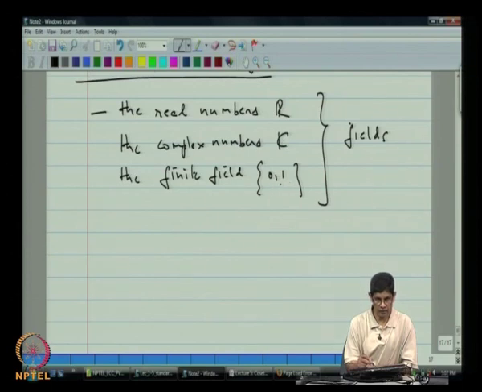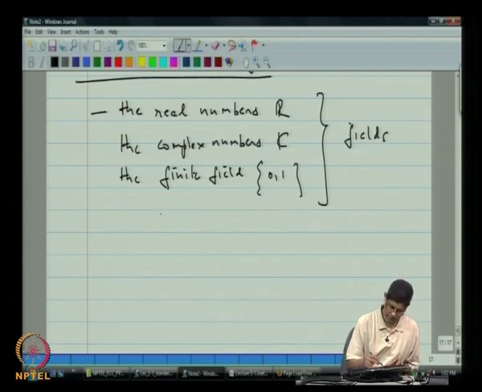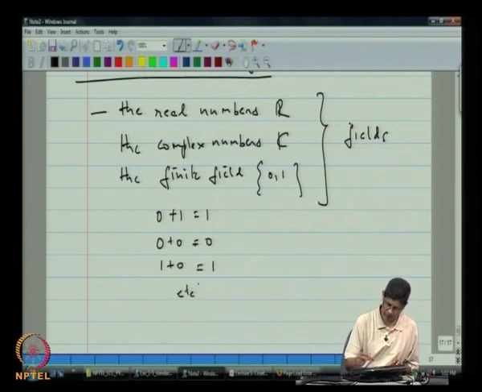Okay. Now, what I have called here as {0, 1}, I may not have referred to it as a field earlier, but this is the same set under the same set of operations that we carried out earlier, namely that 0 plus 1 is 1, 0 plus 0 is 0, 1 plus 0 equals 1, etc. Okay.